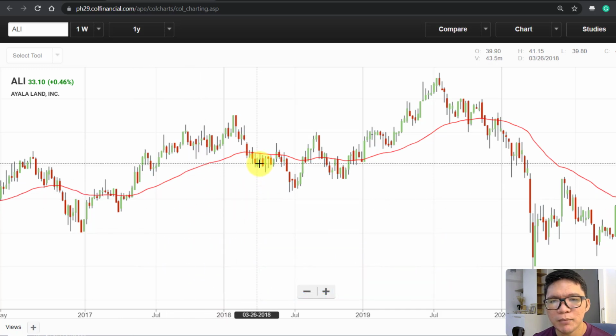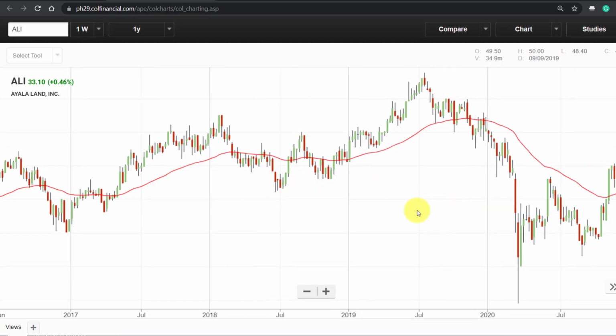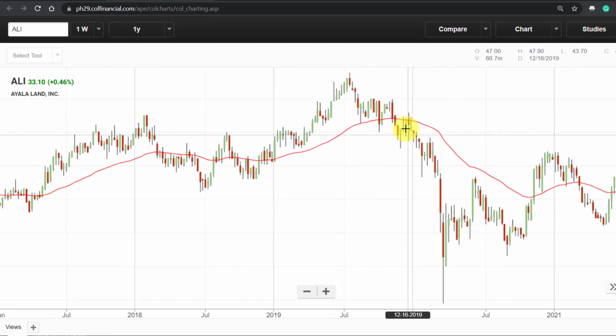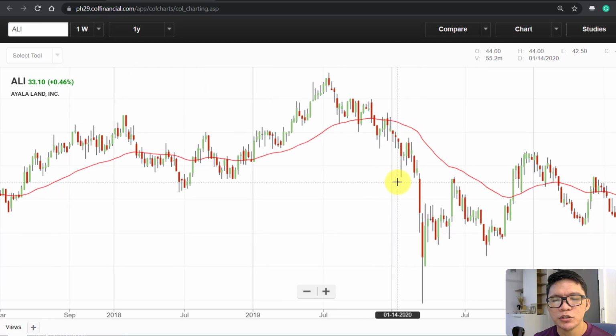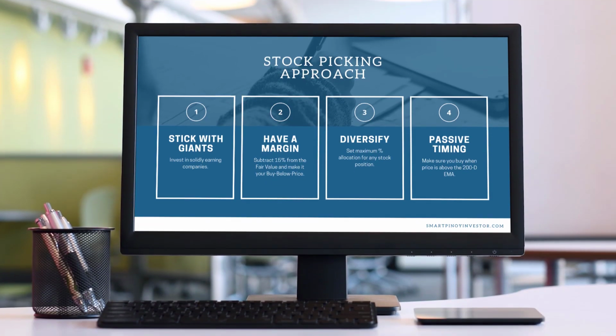So kapag mababa naman yung price, for example here, bumababa siya, or mas evident siya dito, if the stock price is below your key moving average, which is in this case the 50 EMA or 50 exponential moving average, hindi siya magandang sign.